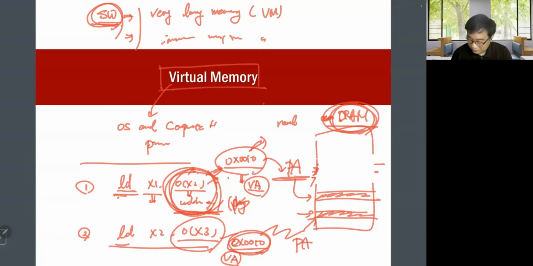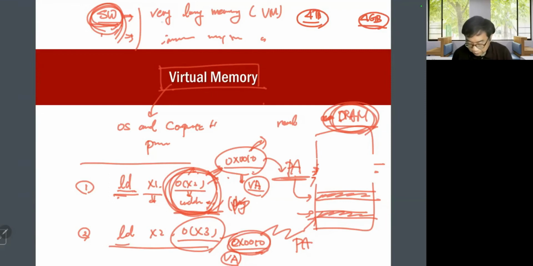For example, let us assume that your system has 4 GB of main memory, but when a software is designed, the operating system provides that you can access 4 TB of memory, for example. It's a very large memory, but the target system has only 4 GB of memory.